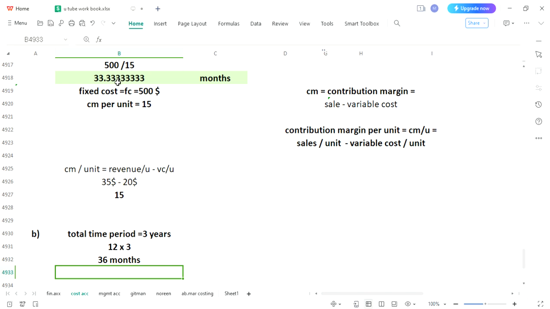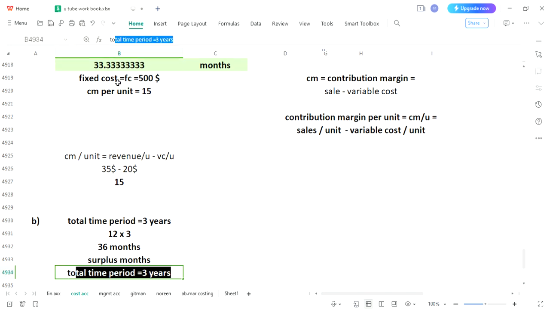So let's determine how many surplus months we have. For this, total months you will take and then you will subtract break even months. So in this way you will calculate your surplus months.